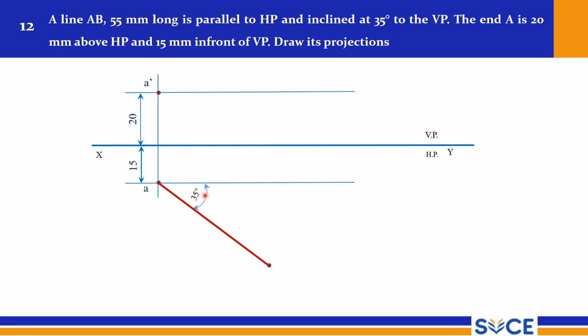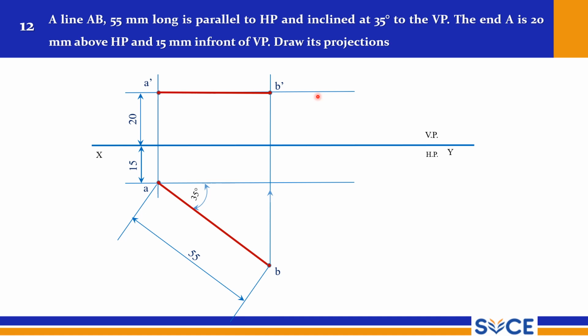Keep the protractor aligned with this point and this line, and measure in this direction, otherwise you will not get it. In the top view it is 55 mm, and project it till the A dash line to get B dash.